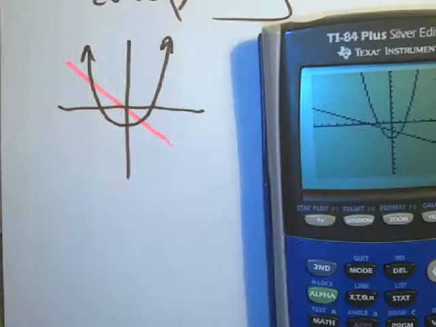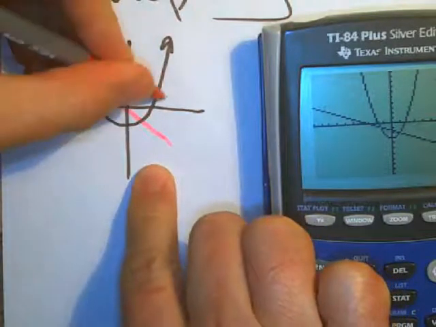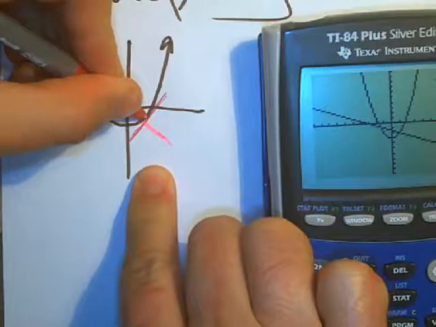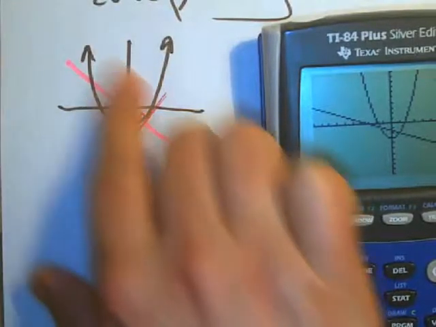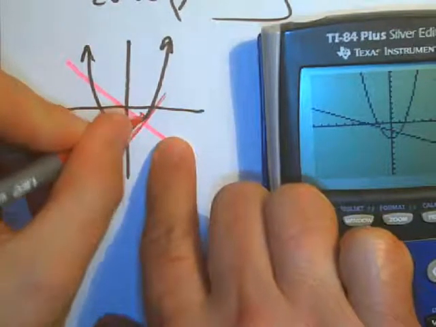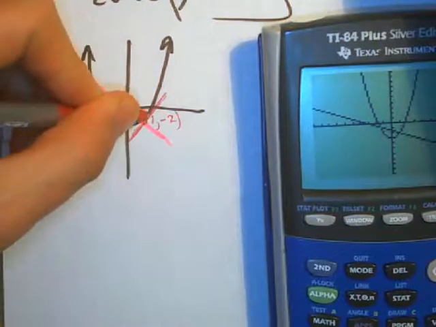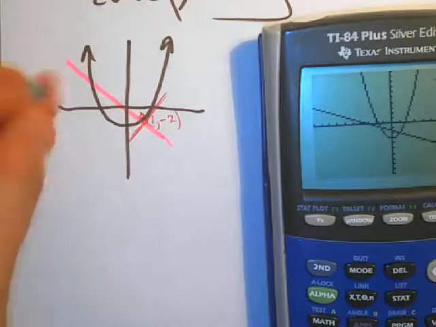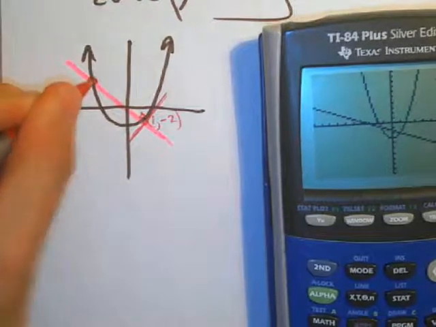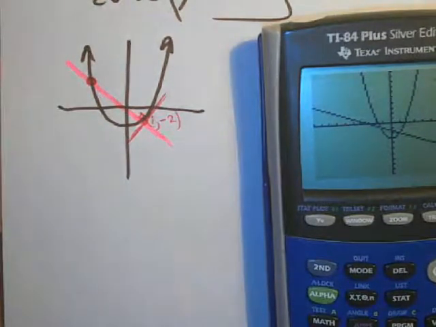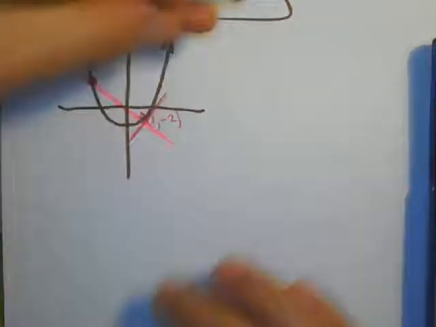And this is perpendicular to the tangent. So the pink line there is the normal, and this point right there is at 1, -2. So we're trying to figure out this other point right here. So in order to figure that out, we need to figure out the intersection, right? So how do we figure out intersection?